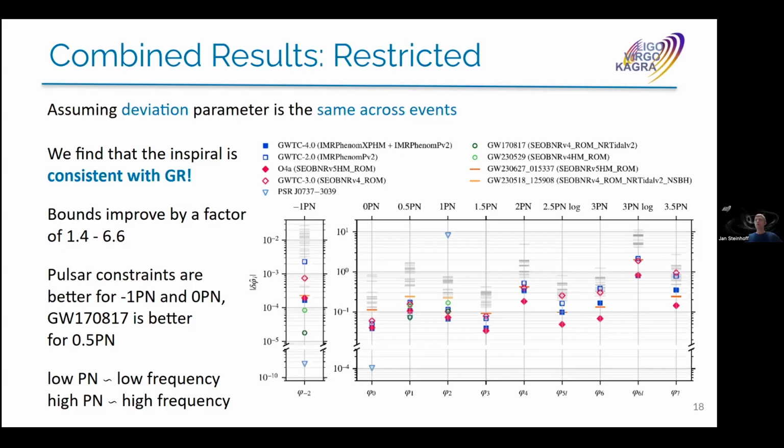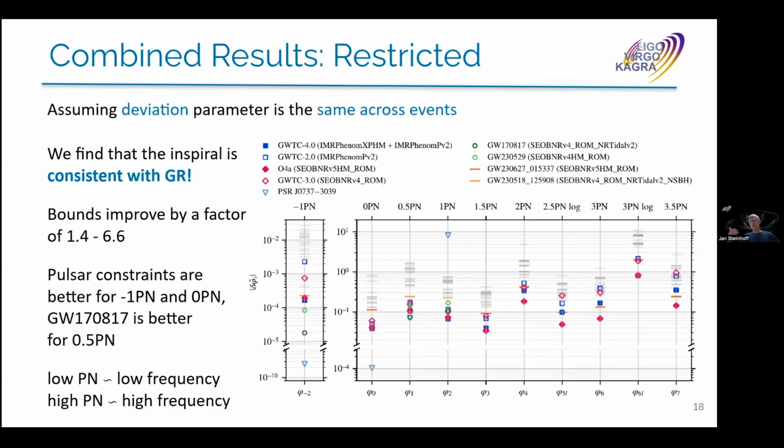The blue and red dots, so to say, are our results. The filled ones from the current catalog, the unfilled ones from the last one. And one can see that the bounds overall improve, which is great, by something like 50% up to a factor of 6 or 7 even. The blue dots are from the phenomenological waveform model from TIGER, and the red ones from the effective one-body waveform model together with the FTI method.